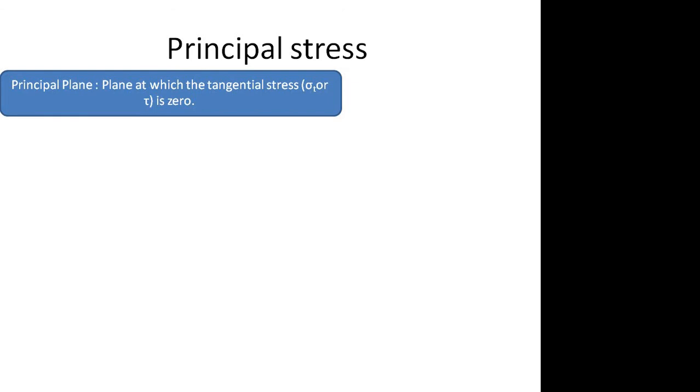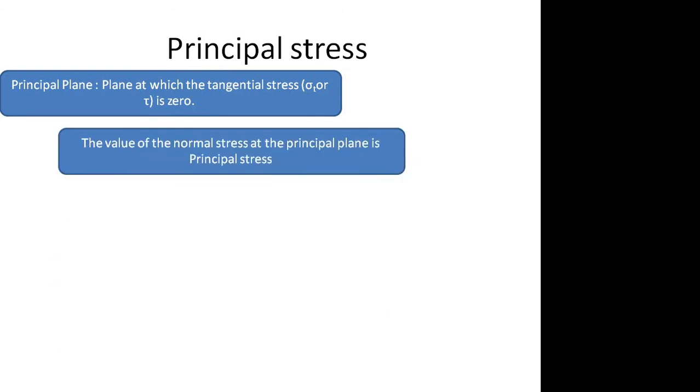Now, in a plane at some angle, when sigma t, or tau as it is referred to in some books, is 0, that is, there is no shear stress. When you are moving the plane along some angle and at some angle the shear stress component is 0, that particular plane is called the principal plane.